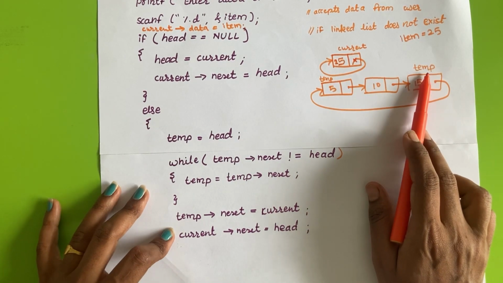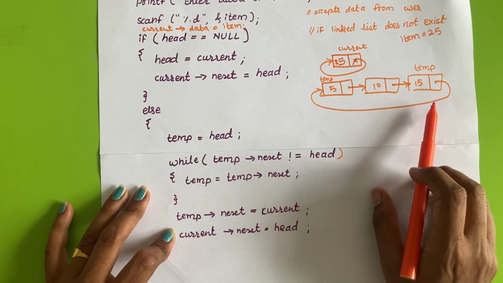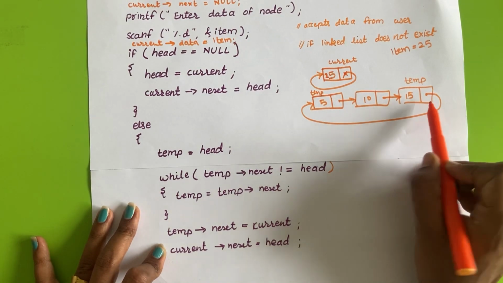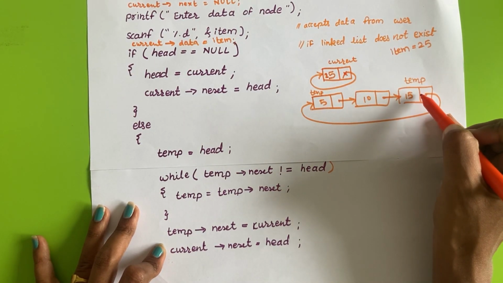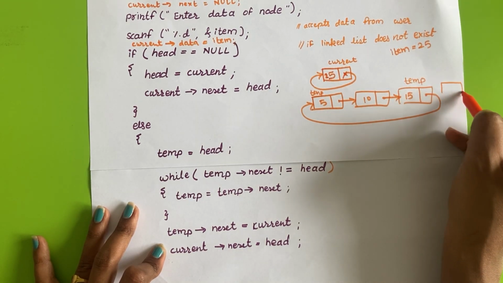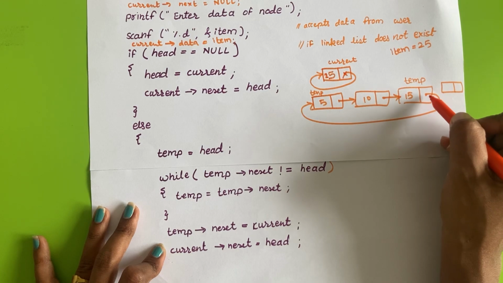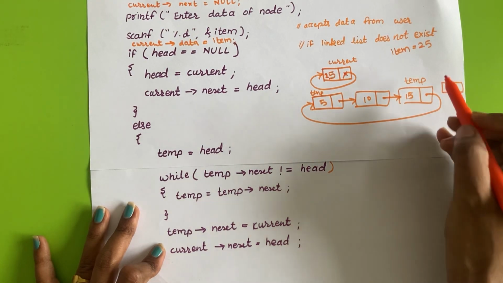Okay, now we have got the last node in the circular list. So what we have to do? So we have to attach this newly created current node to next of this temporary node. So what will be the changes made in the pointer field of these two nodes? Okay, so what we have to do?